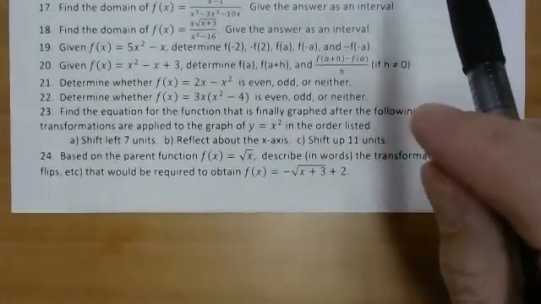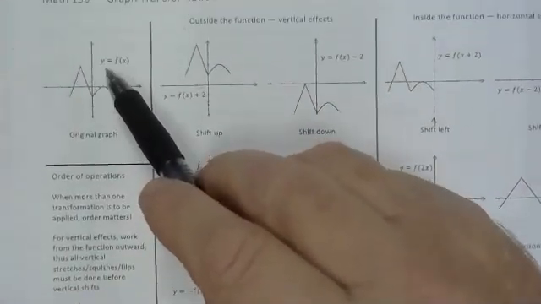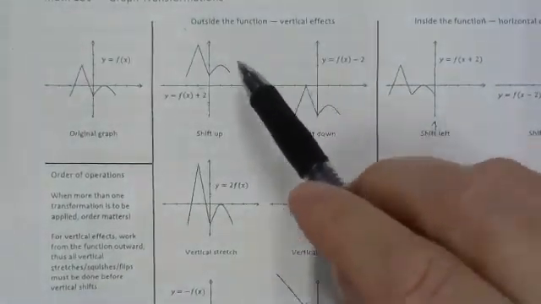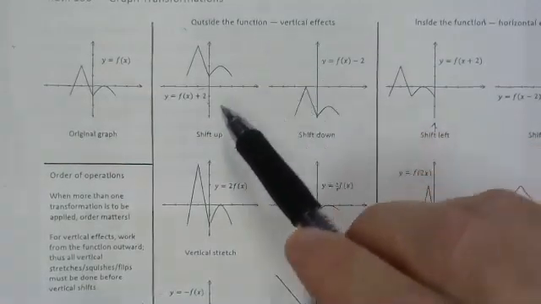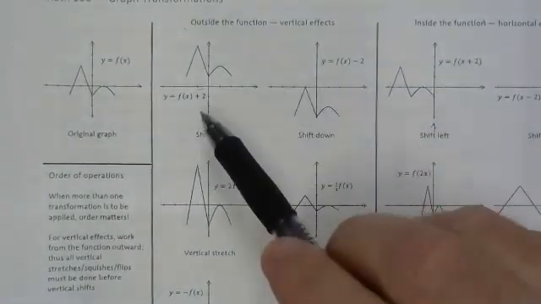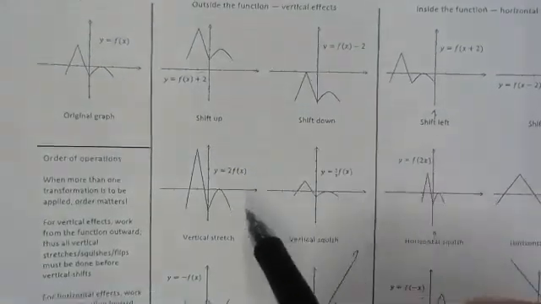So in class and on the exam, you'll be able to use this little chart here. Here's the original graph. And this says, here's the effect of things you do outside the function. It's like you just tack them on to the end. You add 2, it shifts up. You subtract 2, it shifts down.